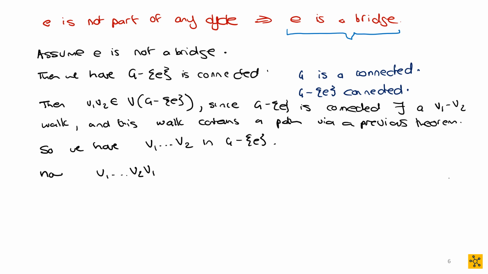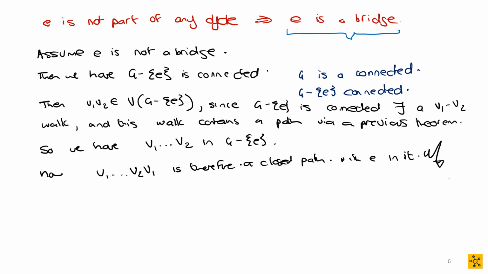Okay, so V1 to V2, then to V1, is therefore a closed path with E in it, which is a contradiction because a closed path is a cycle.